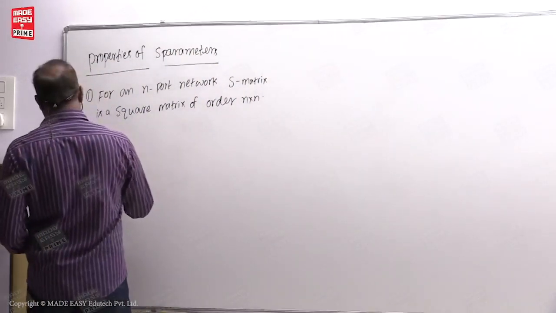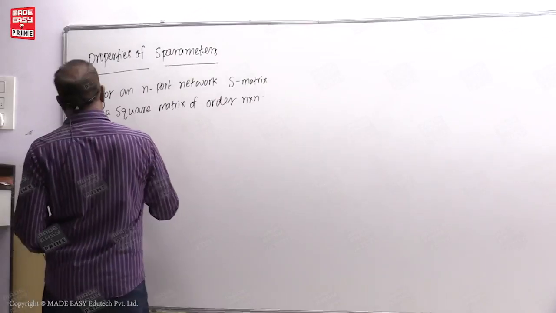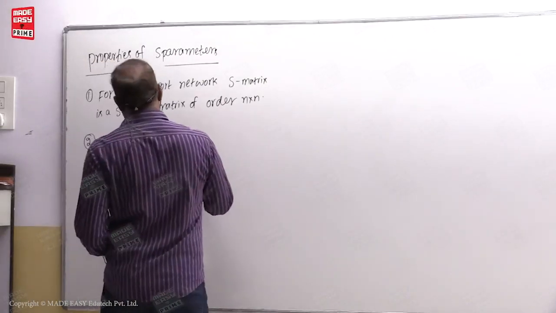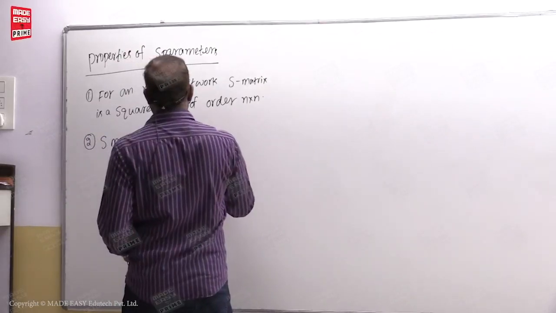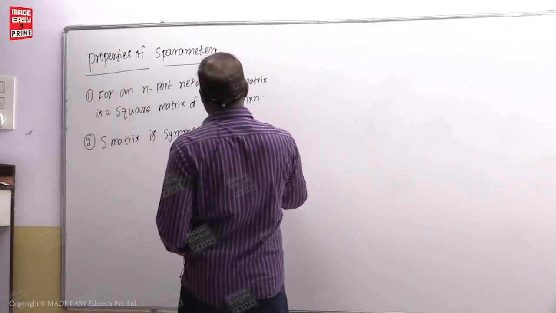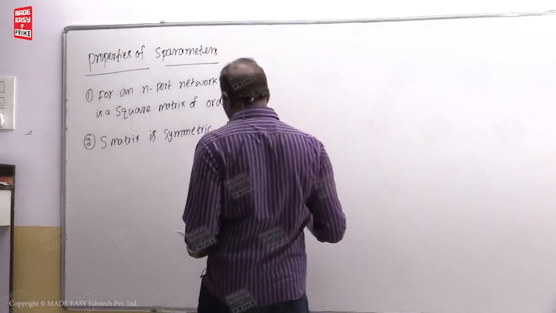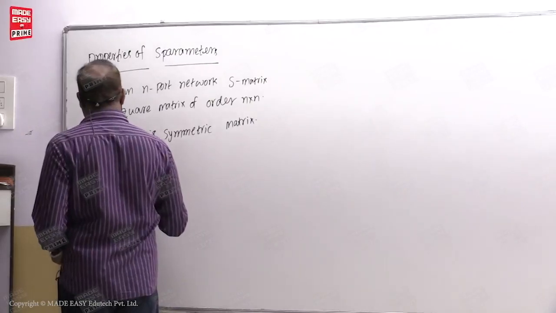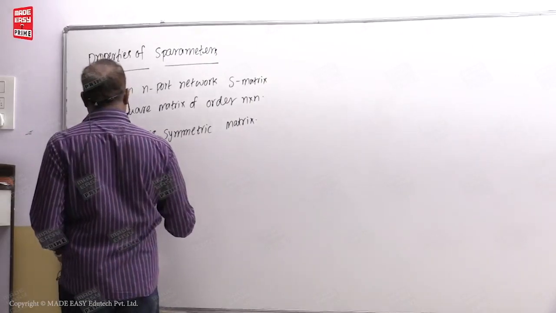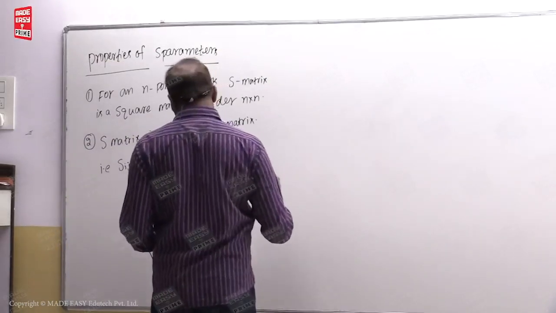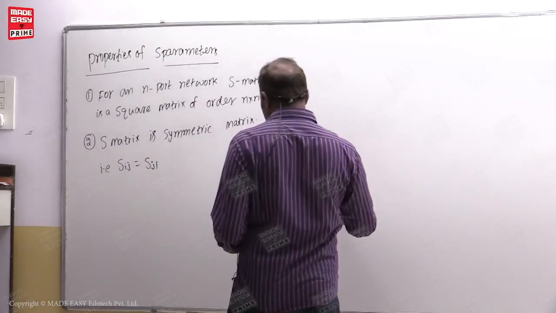Second point is the S matrix is a symmetric matrix, that is Sij is equal to Sji. That means it is like S12 is equal to S21, like that. That is the meaning.